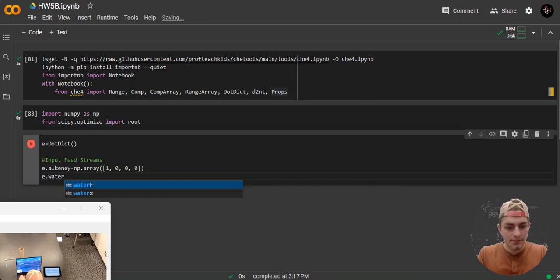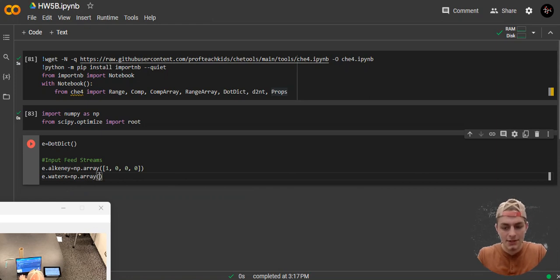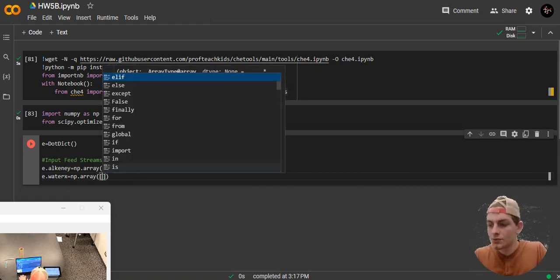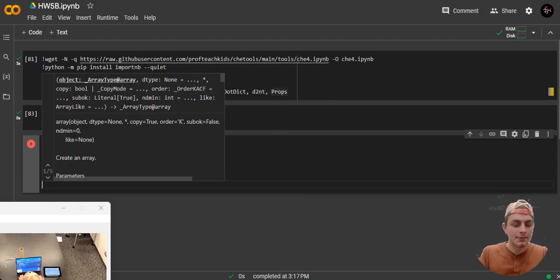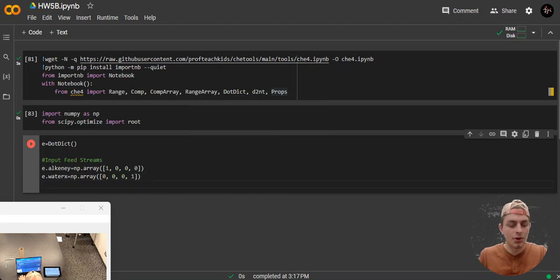Similarly for water, it's going to be liquid mole fractions, and we can make an array for it. Its array will consist of zeros, and it's 1. It is completely pure water. Now we also have flow rates for these, so we can say alkene flow rate here, and we are going to call these flow rates.